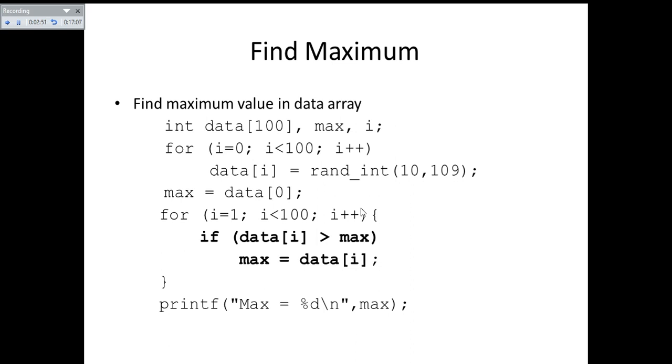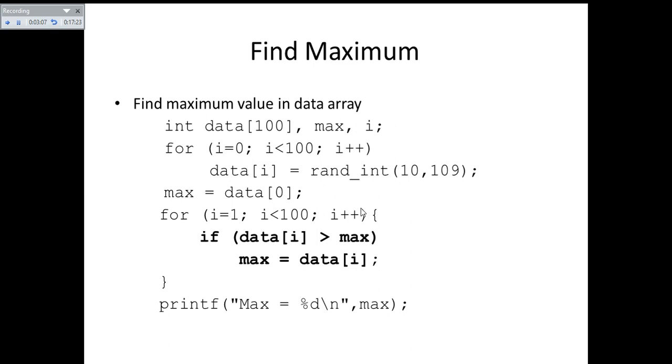You repeat your for loop 100 times, starting with index 0 and till 99, and at the end of your for loop, you will have the maximum in your max variable.